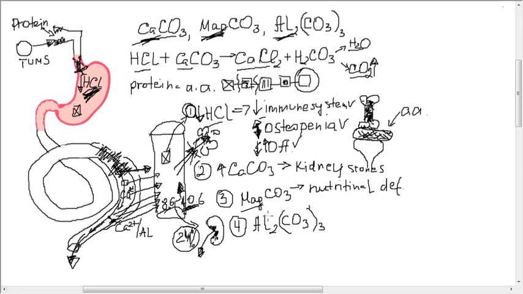As a result, it creates decreased absorption of calcium. And you already know that calcium deficiency contributes to osteoporosis and osteopenia. The other possibility, and we think that's a real possibility, though we don't know how or why, is that aluminum can contribute to Alzheimer's disease.